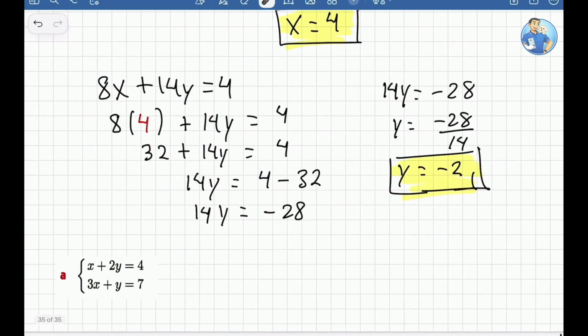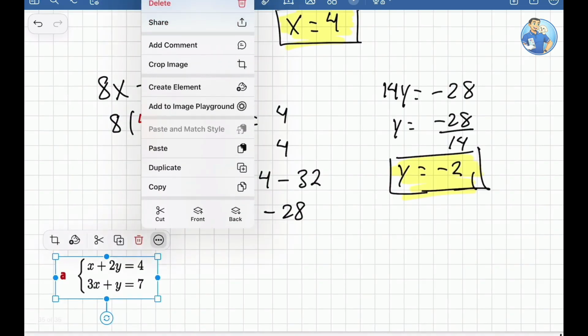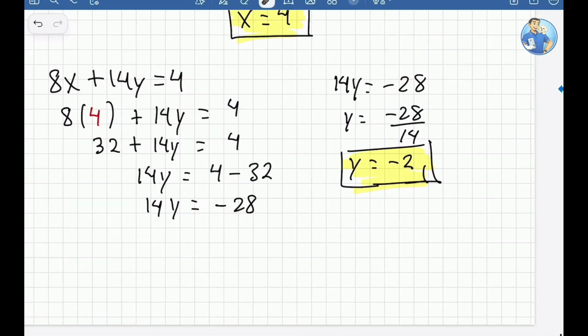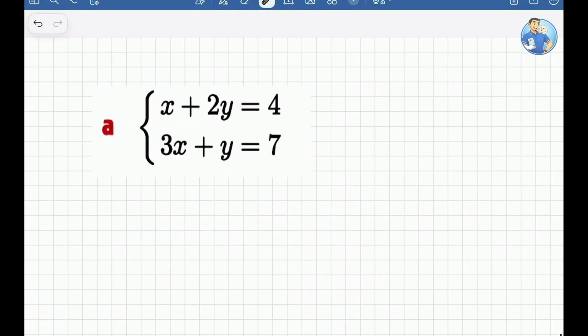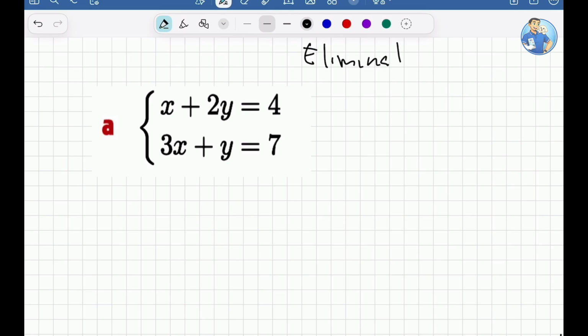We are going to do example number 2. This is elimination. Remember, elimination. Solving this by elimination. This is an example, guys, when we need to think about a number to match the coefficients, but also we can multiply times a negative number.